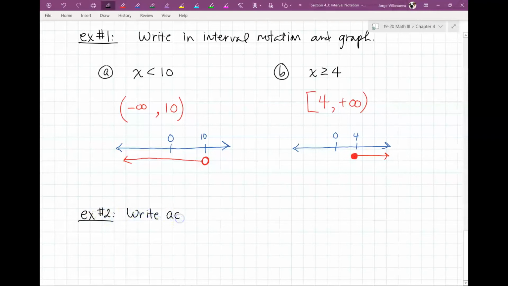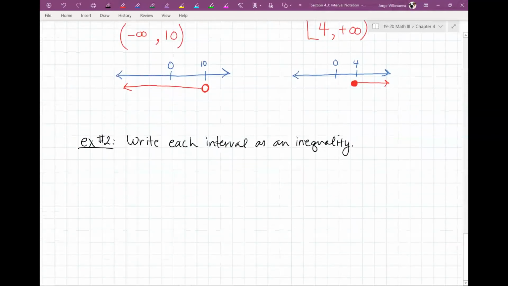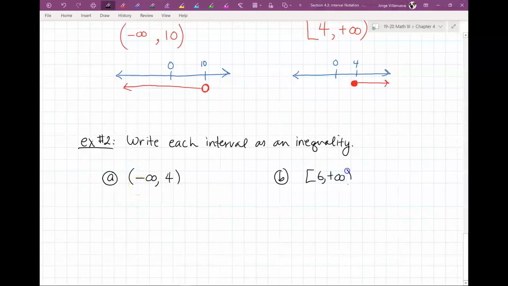So again, I'll just give you two parts here, an A and a B. Let's do negative infinity to 4, and we'll do 6 to positive infinity.